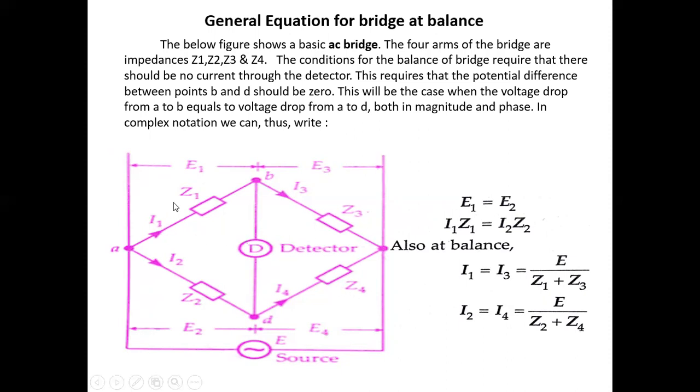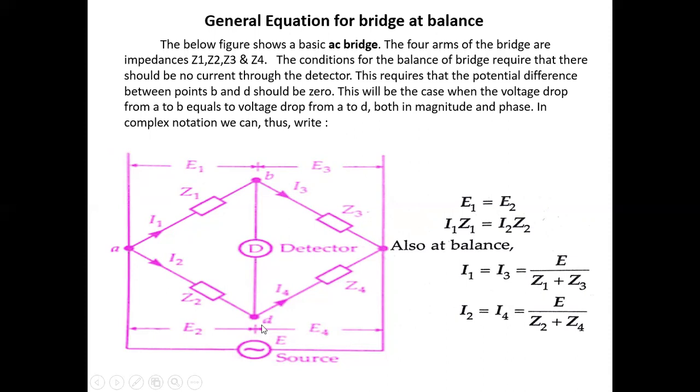E1 is equal to I1 into Z1 and E2 is equal to I2 into Z2. At balance condition, the current I1 will flow, and the same current will flow through Z3. Therefore, I1 is equal to I3 is equal to E upon Z1 plus Z3, and I2 is equal to I4.